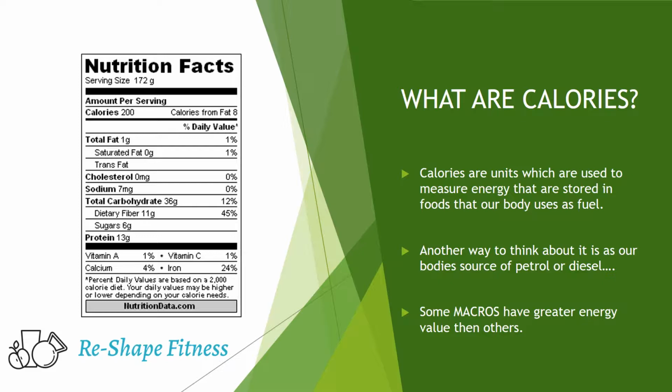But when you think about fats, per 1 gram of fat you've got 9 calories. It's a lot more for 1 gram, so fats are a more energy-packed macronutrient. Fats have a higher energy value than the other macronutrients because 1 gram of fat has 9 calories.